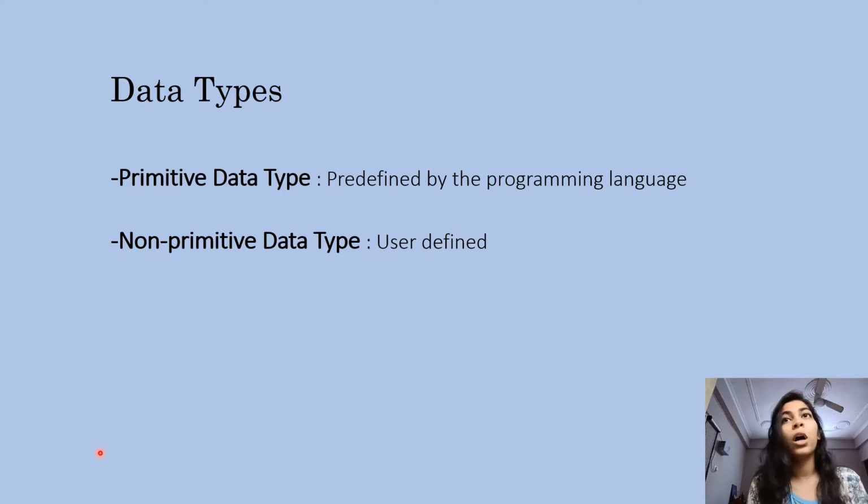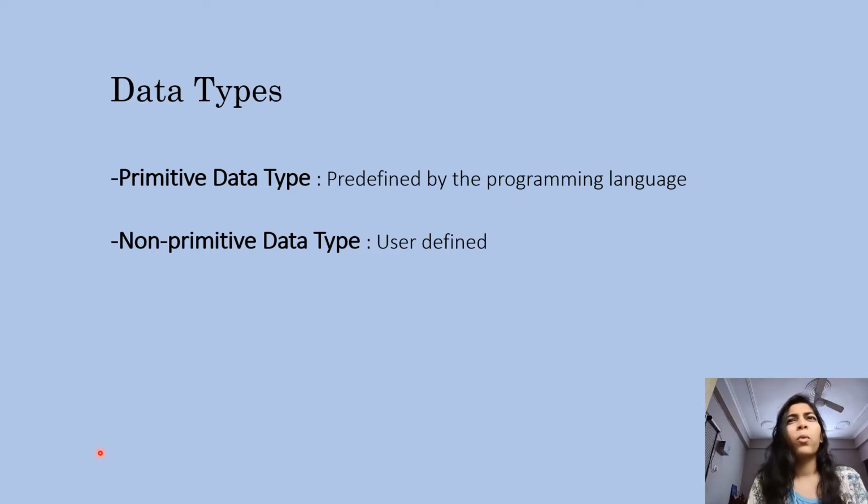Now, who are we in terms of Java? We are programmers here, right? So we'll have to define it. Hence, it is right to say that non-primitive data type is a data type defined by the user. It is the user defined data type, right?